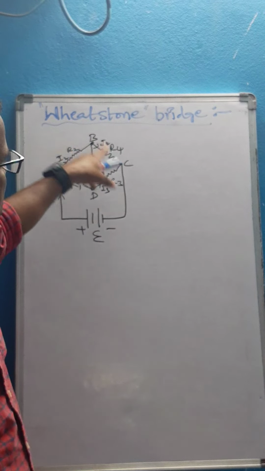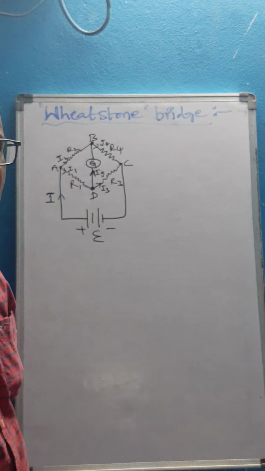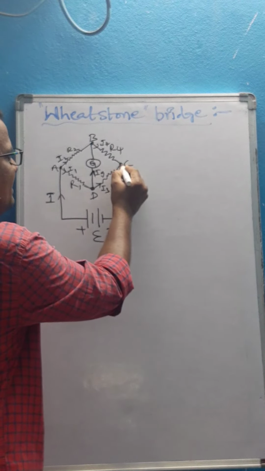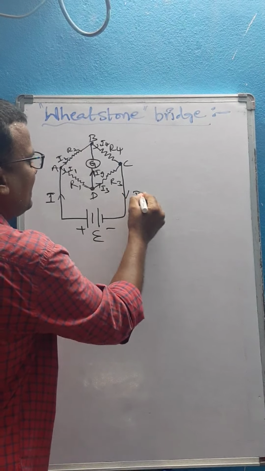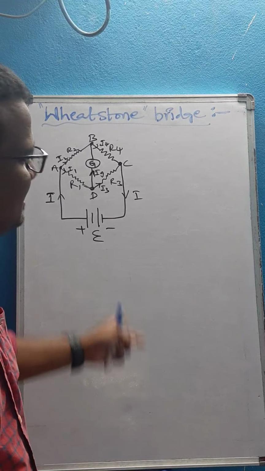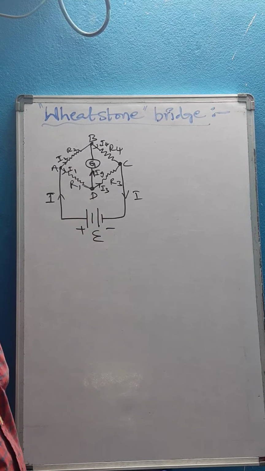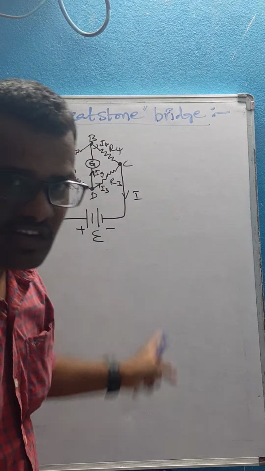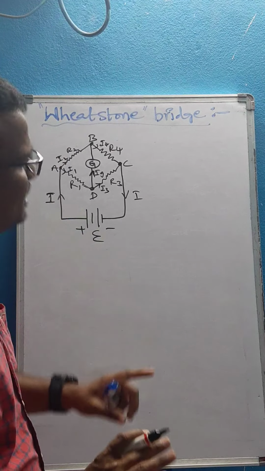Through R4 the I4 current passes, and finally at point C all the currents mix up and the total current I reaches the negative terminal of the battery. Now the total circuit has been completed.